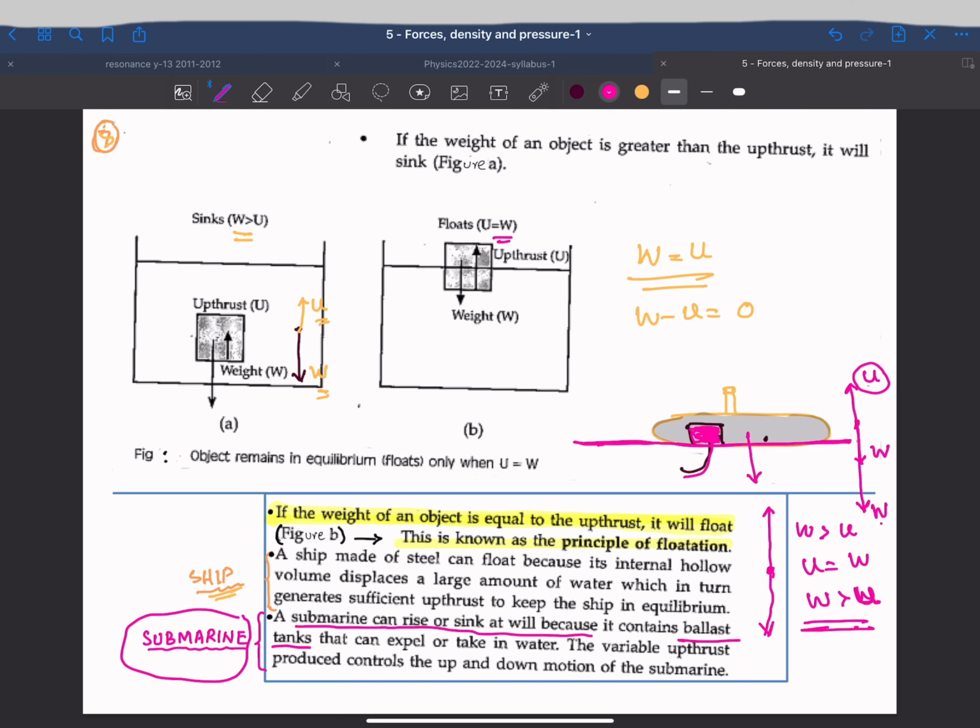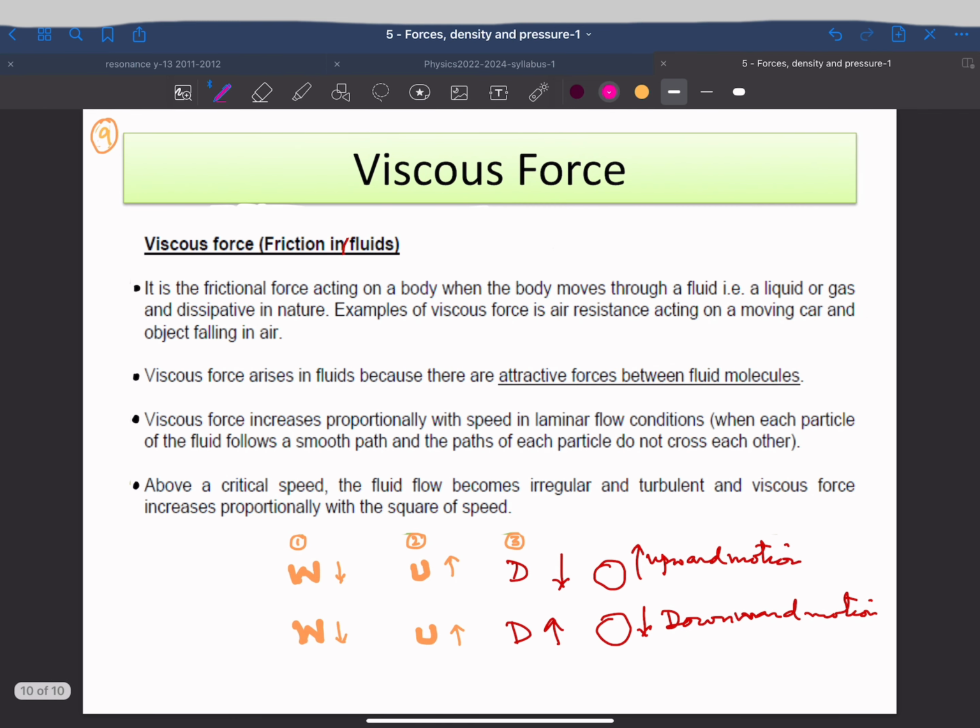Here, last but not least, we have the concept of viscous forces, which are termed drag forces. Whenever you have any fluid and a body is moving through the fluid, there will be a third force because of the air friction or frictional force.